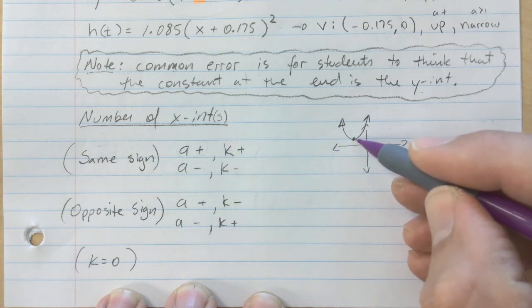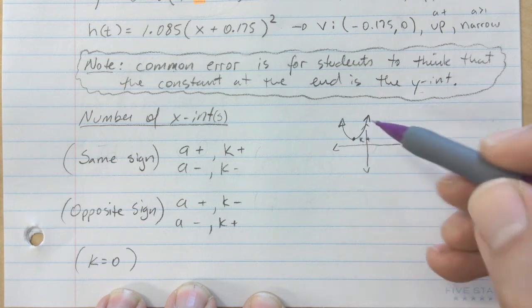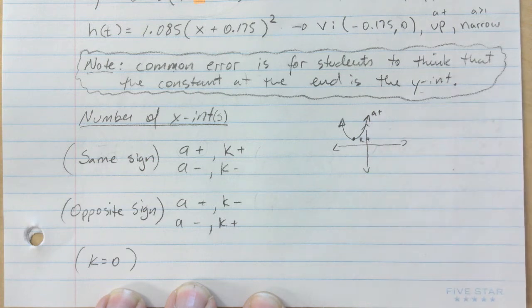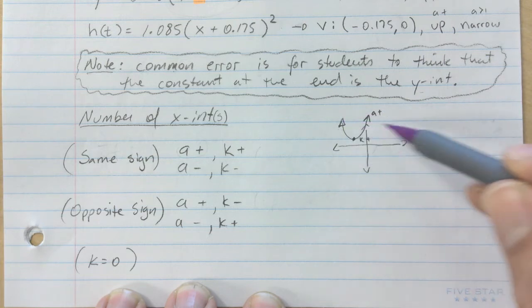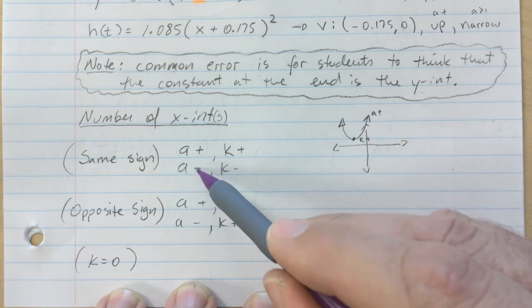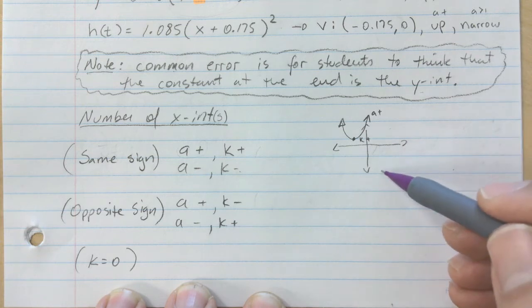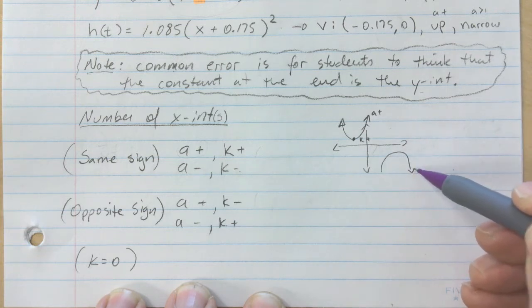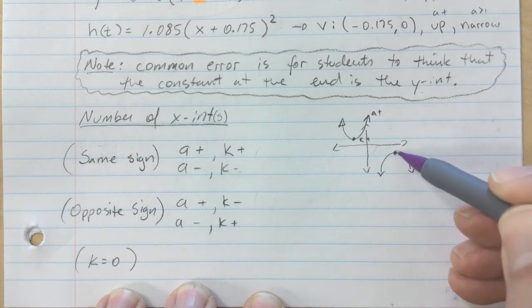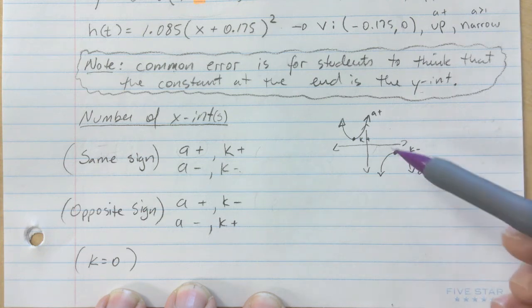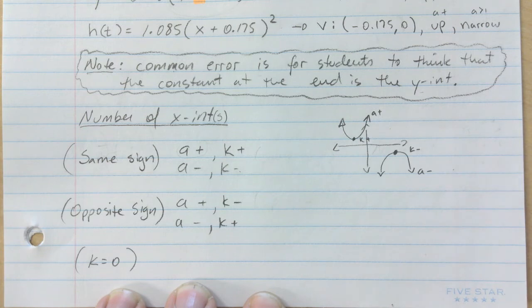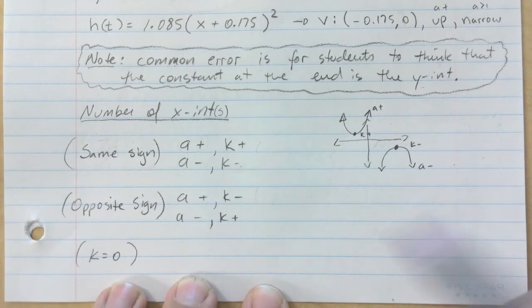So K is positive and A is positive, and the parabola would be somewhere above the x-axis. If both of them are negative, so they have the same sign, that means that it's going to open down, and K is negative and A is negative. So same sign means that it will never cross the x-axis.